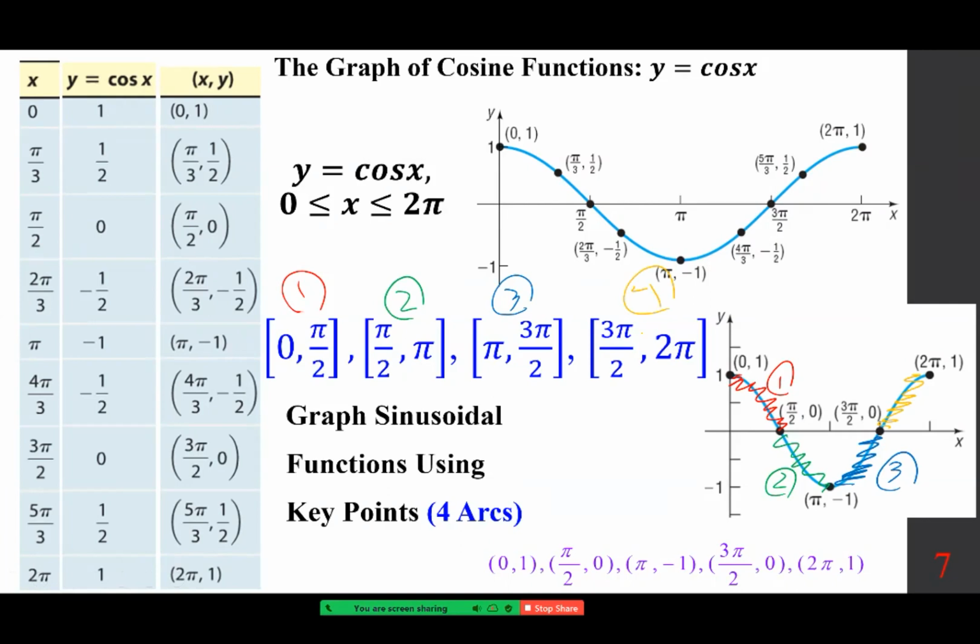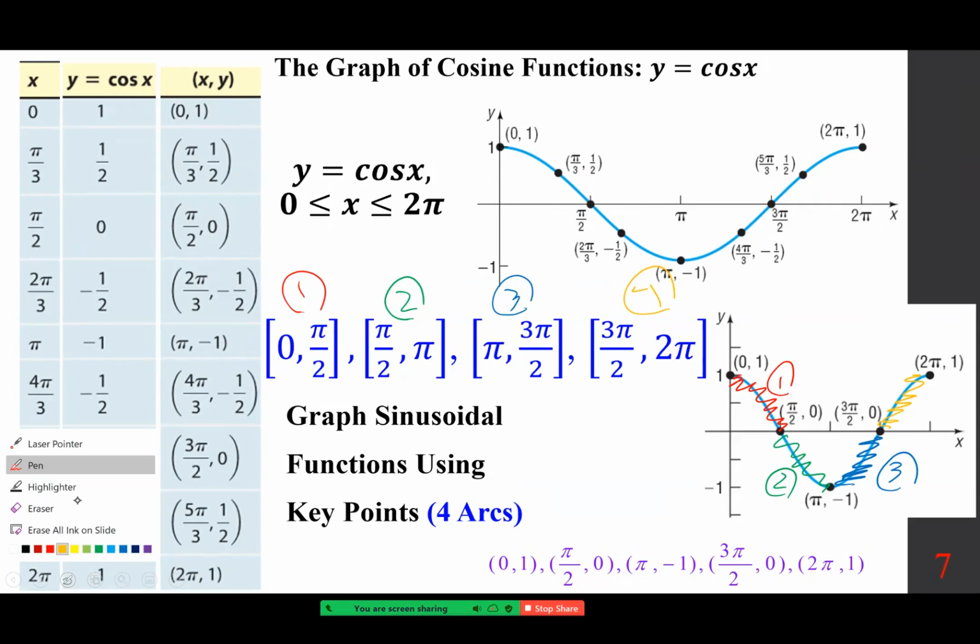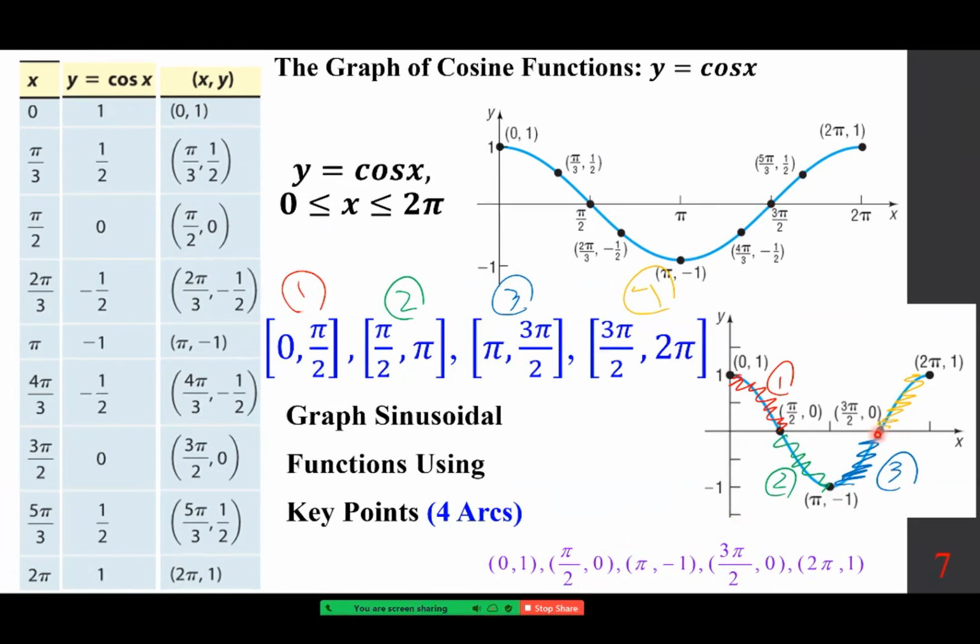And we look at the endpoints. So this is 0, 1. This is pi over 2, 0. This is pi, negative 1. This is 3 pi over 2, 0. And this is 2 pi, 1. 2 pi has the same y coordinate as 0.